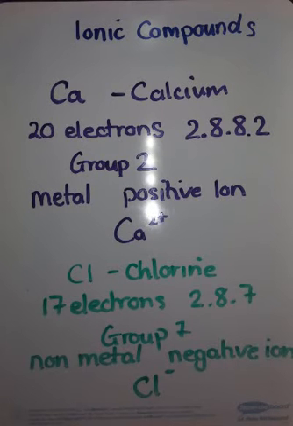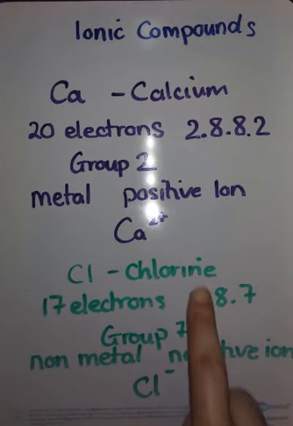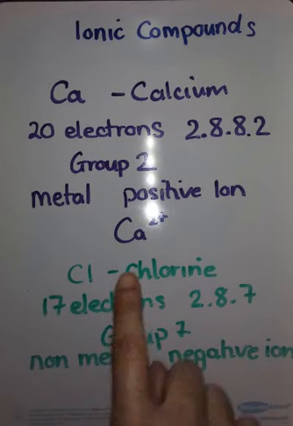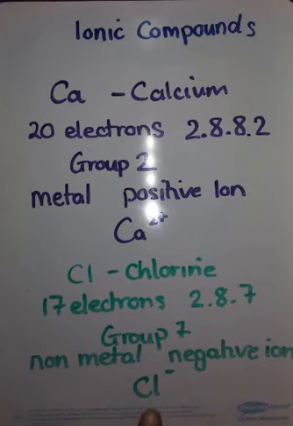It's a little bit like when you probably have played with magnets before. We need to get these 2 things working so that they're attracting each other. So opposite charges will attract, negative and positive. And so we need to have a balance of the same amount of negative charge as we've got positive charge. So because we've got a 2 positive charge, we need 2 lots of negative charge as well.